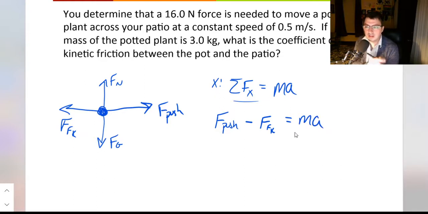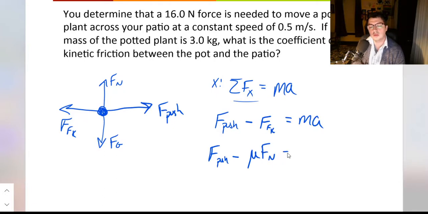Sum of forces, but to the left is where we get that negative sign. And now if we look back at our definition of kinetic friction, we can write the kinetic friction as mu times the normal force. So our pushing force minus mu times the normal force is m times a.